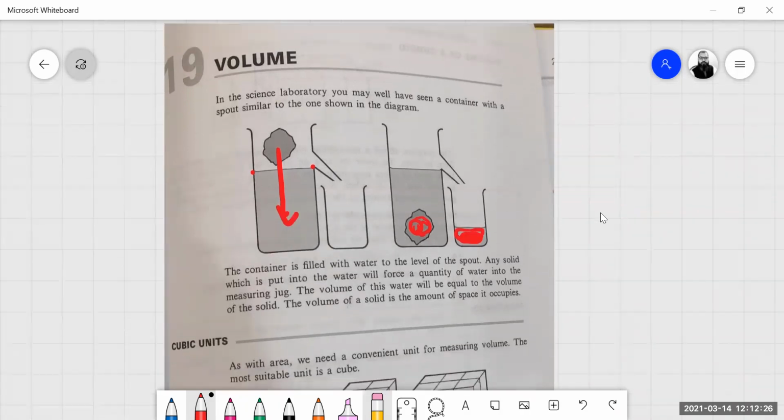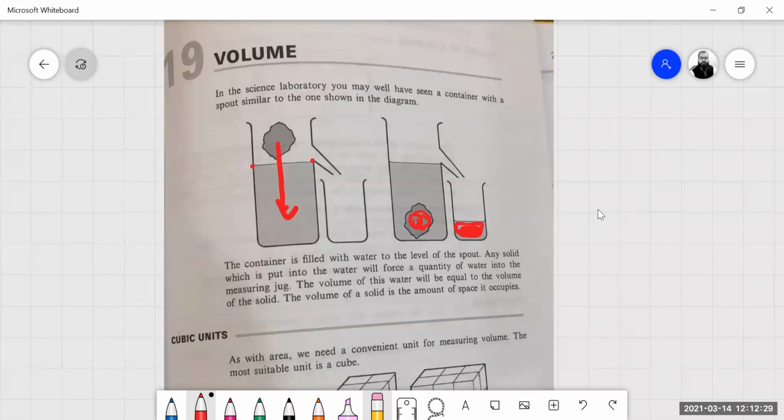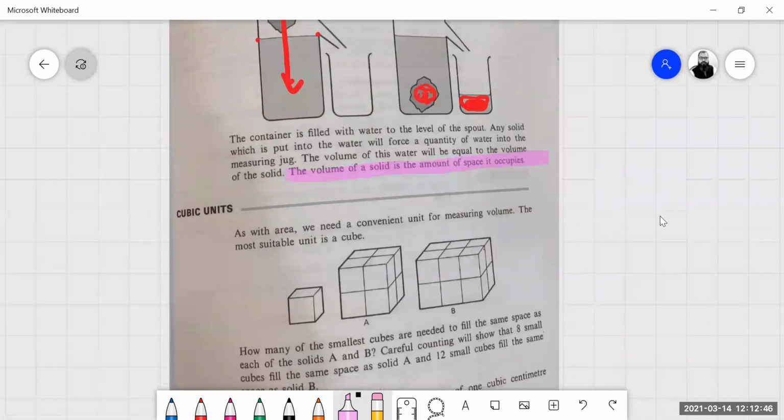This is the definition. Volume means the space which is covered by any solid.